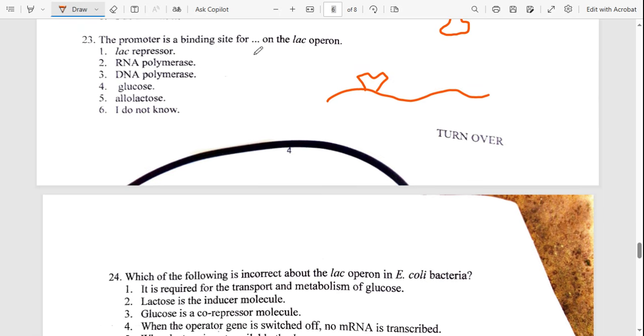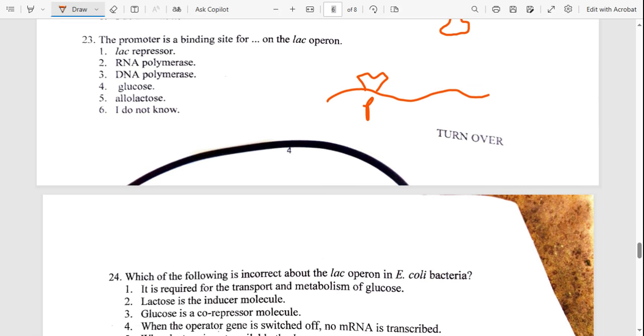So the promoter is where, what we call the repressor, so we have the lac repressor, RNA polymerase, DNA polymerase. We have what we call the promoter. We also have what we call the operator.